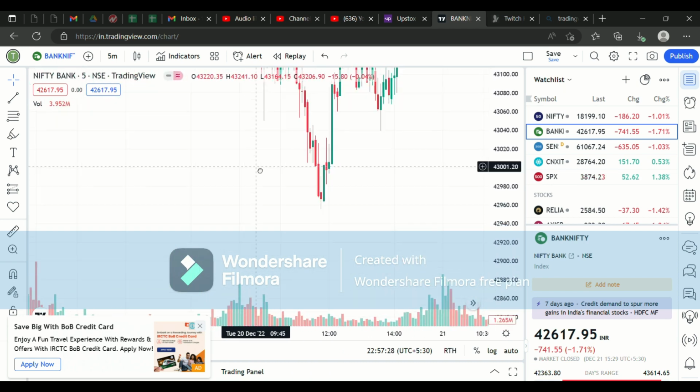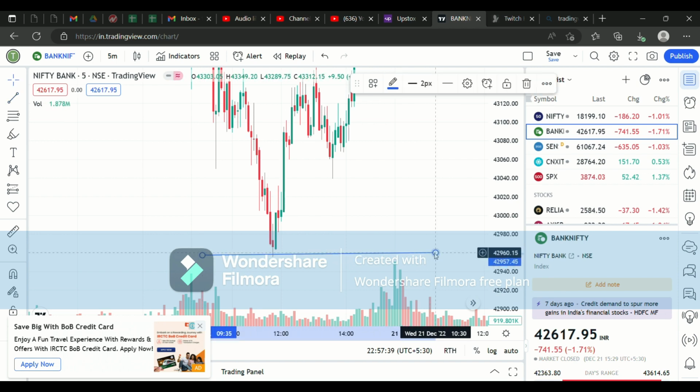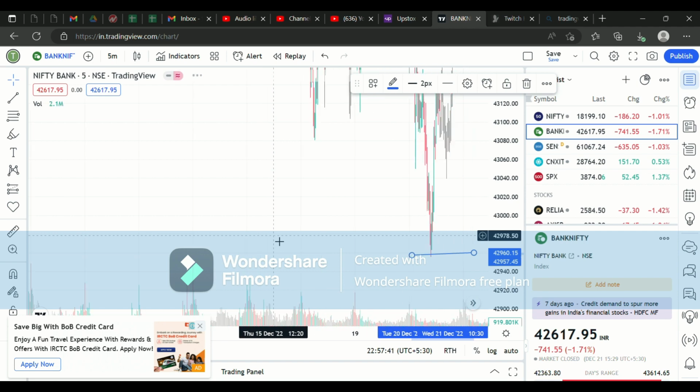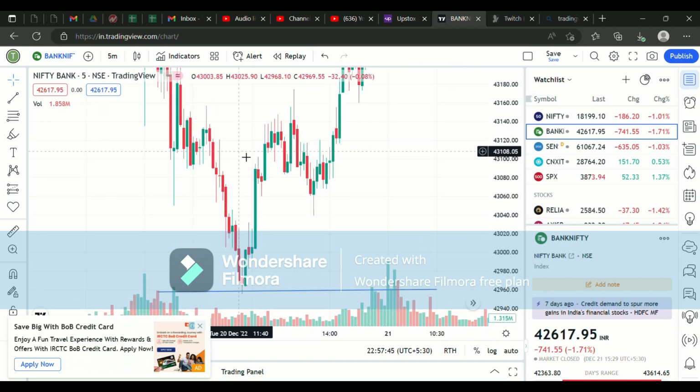42,958 was a very huge support for Bank Nifty since many days, it was a support of today's low.